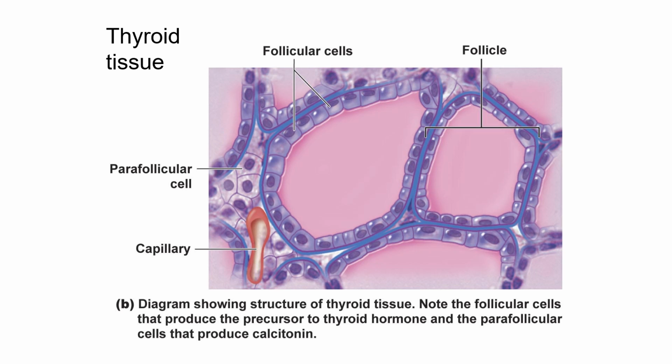And inside these follicles, we have a substance called colloid. And colloid is sort of that solid pink material that's surrounded by the follicular cells shown here. And in that colloid is where we find T3 and T4. A second cell type found in thyroid tissue are the parafollicular cells, and those cells are responsible for secreting calcitonin, which we're not going to talk much about.